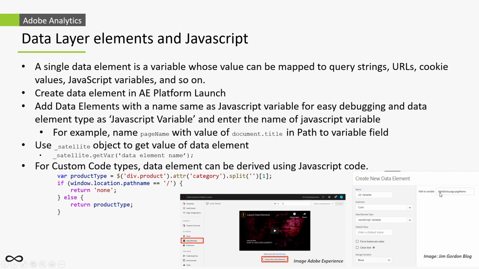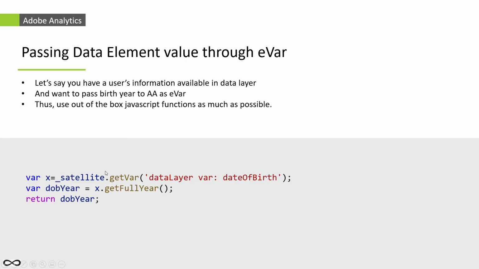You can put it as digitalData.page.pageName, by all means extracting the value of a page name which is declared as a JavaScript variable within the code. You can put it over here as digitalData.page.productType to define the product type and get the data element value from that JavaScript variable.